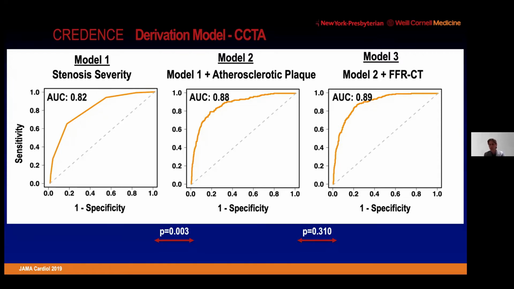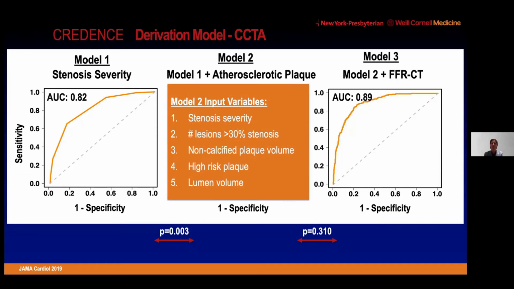So it's important. But I think the most important thing of this trial was that if you take a close look at your CT on its own, beside just the stenosis severity, look at the additional plaque features, you can come pretty close to the computational fluid dynamics features that we have with FFRCT and competitors alike.